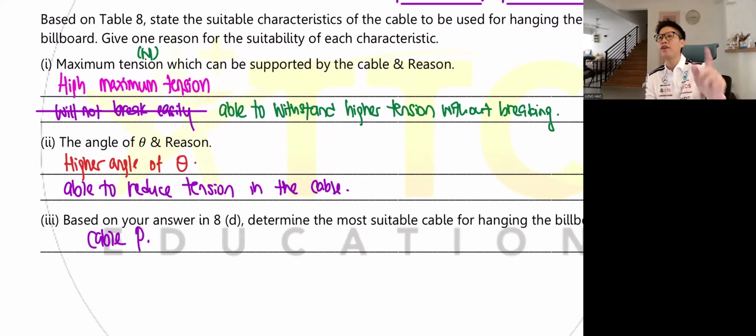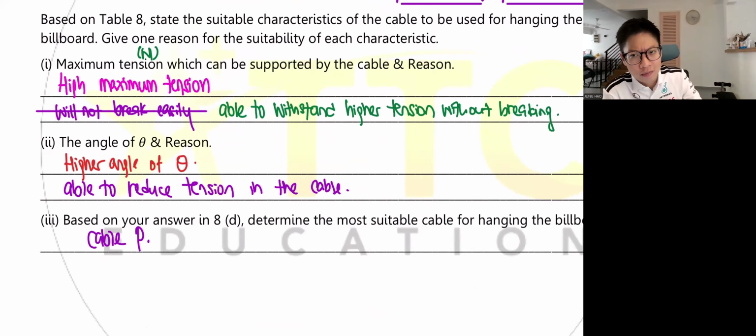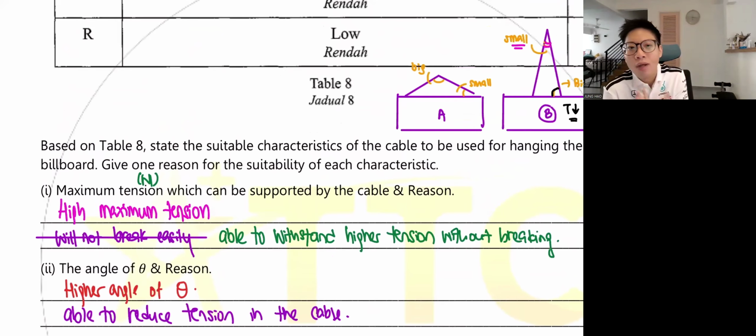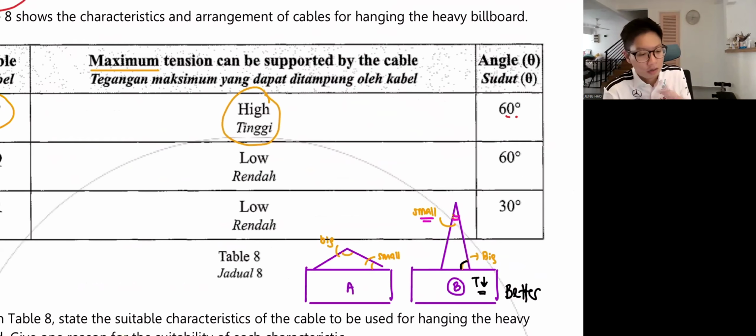To distribute weight evenly, cannot. What do you mean by to distribute weight evenly? How do you not distribute the weight evenly? From the picture, cannot.